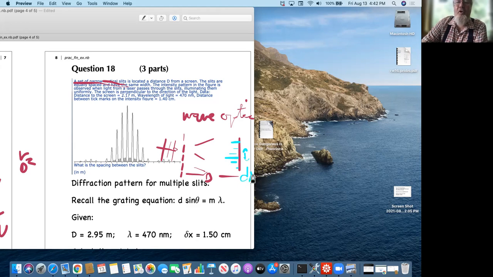And now there are 2 parameters of this set of slits. There's the distance between the slits, or the spacing, and there's the width of the individual slits. So the first question is to calculate the spacing. And then there's going to be another question about how wide are these slits?